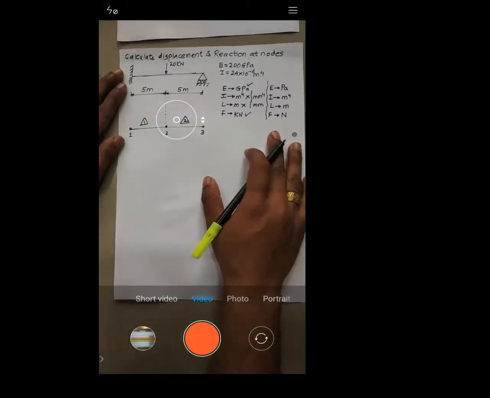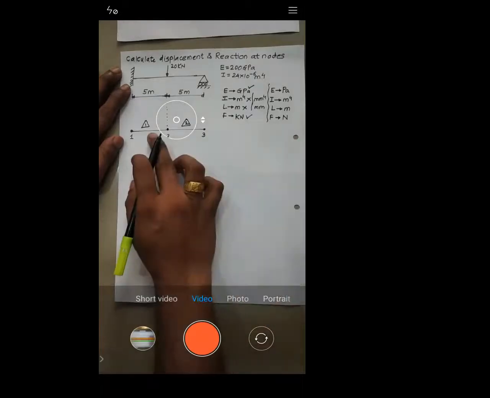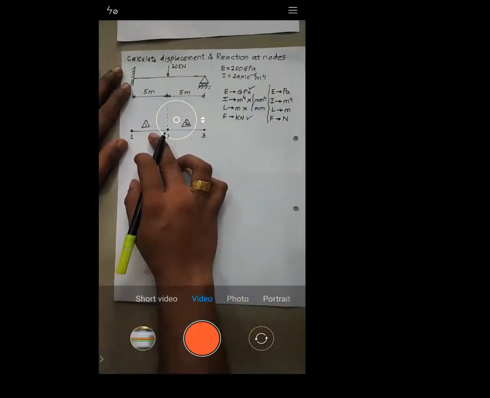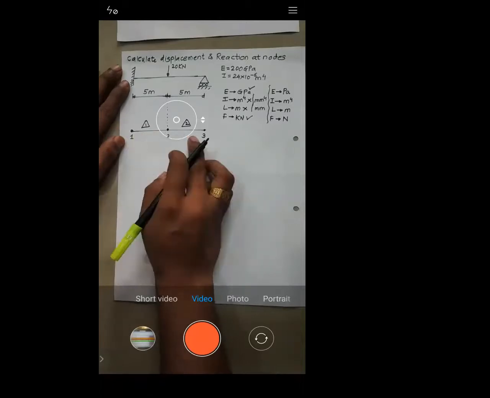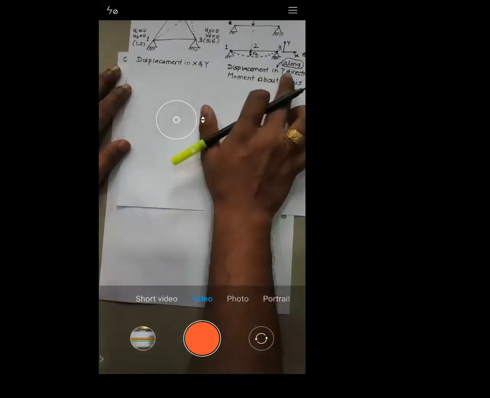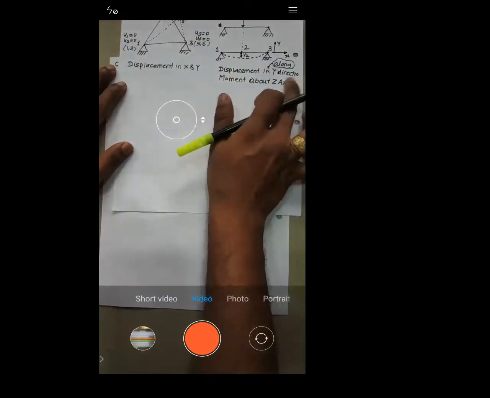Yes, sir. Right? Now the question will be degrees of freedom. As I told you, each node can move in... just see here. At every node you have displacement in y direction, as well as movement about z axis.